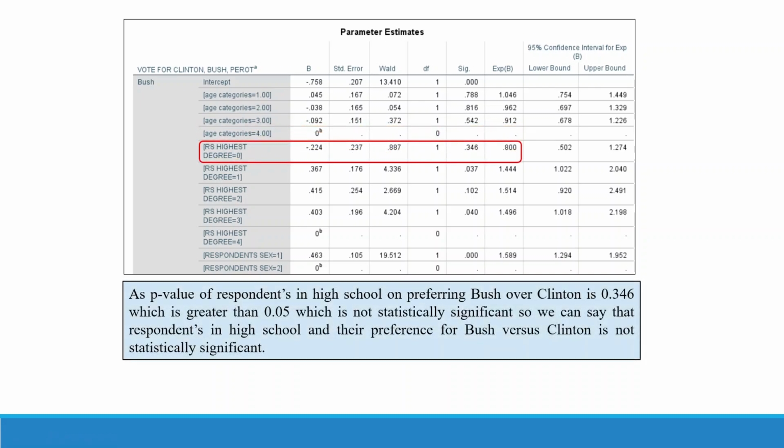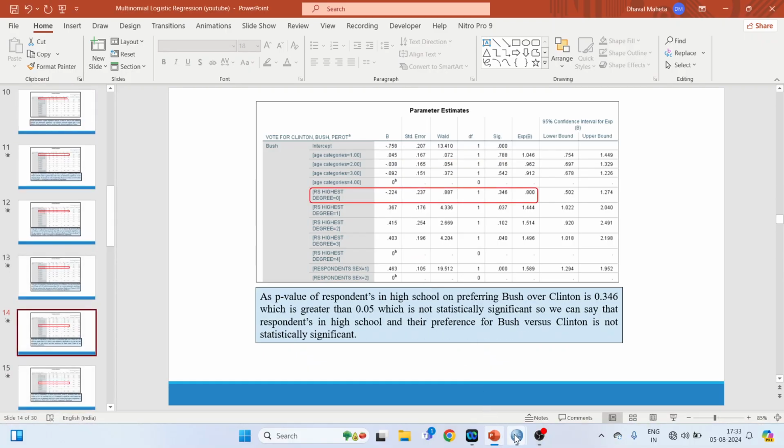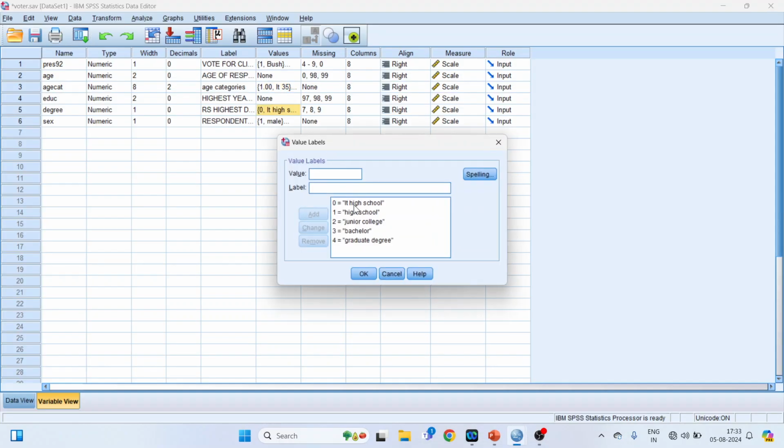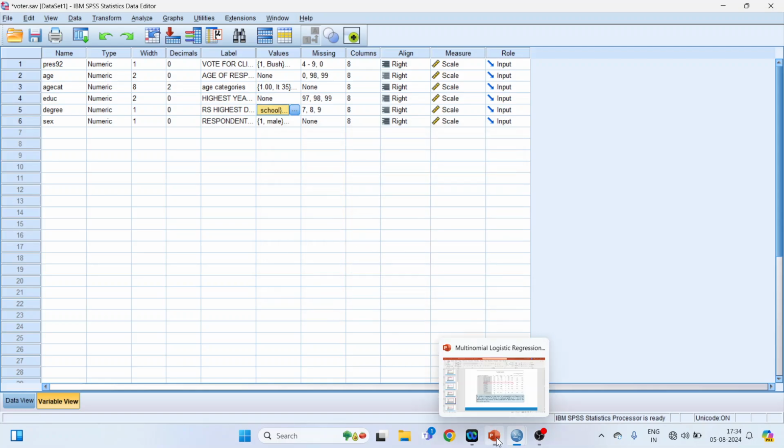Now the interpretation. The p-value of respondents in high school, this is coded as 0. If you recall, just try to recall this one. This is senior, and this is high school, senior high school.